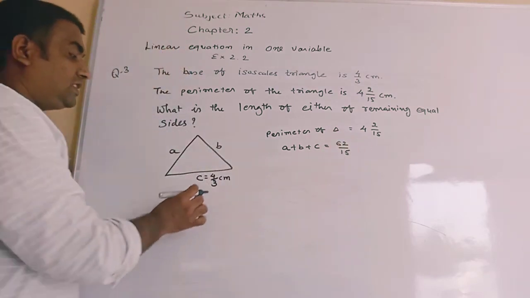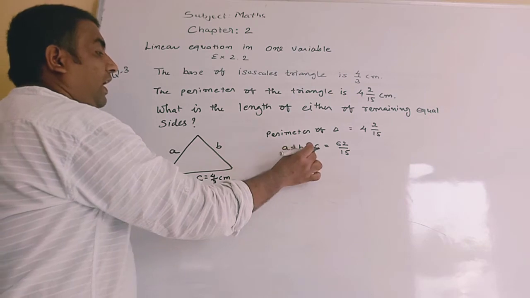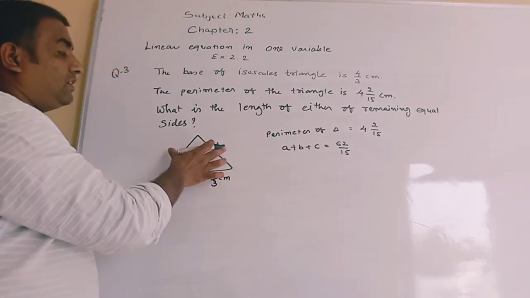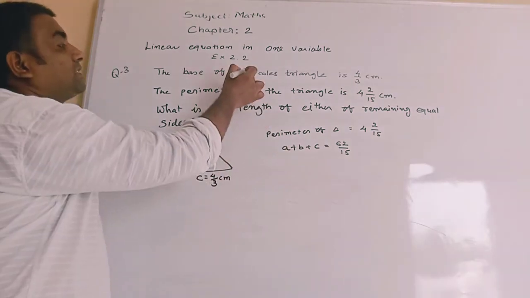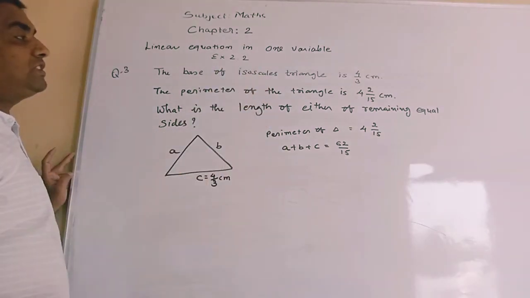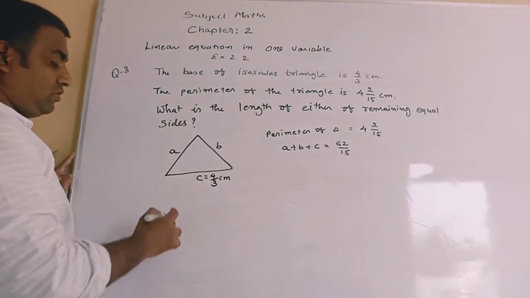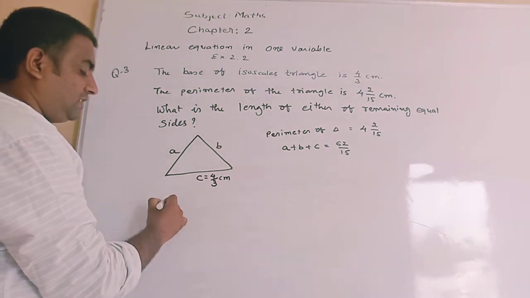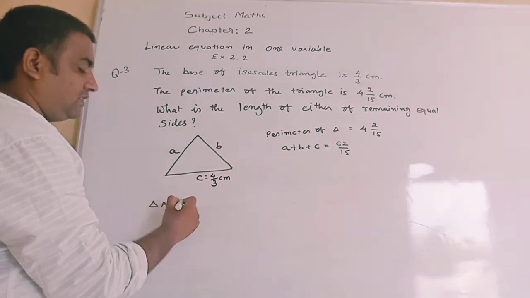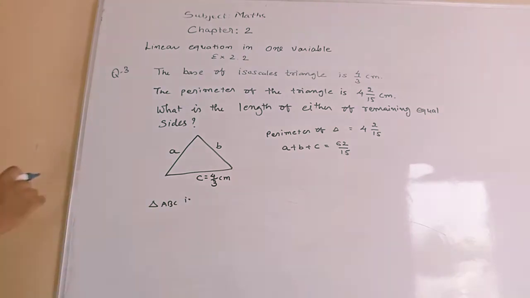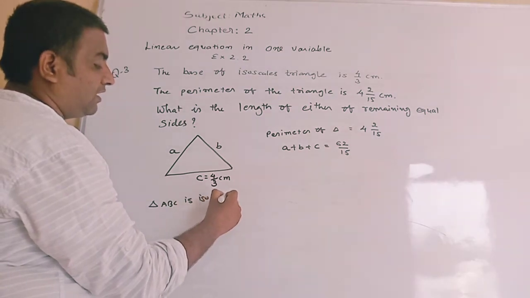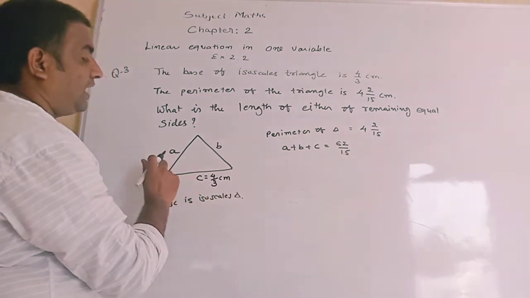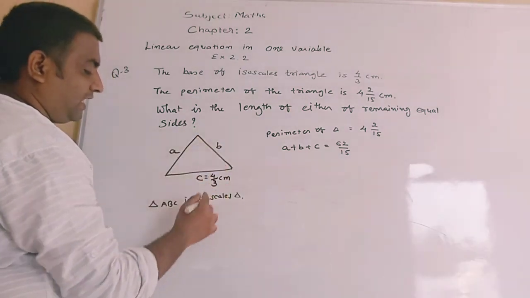Now we have been given the C value, but A and B are there. So here 2 variables. For that a particular type, isosceles triangle, is said, and so triangle ABC is an isosceles triangle, and in isosceles triangles 2 sides are equal.